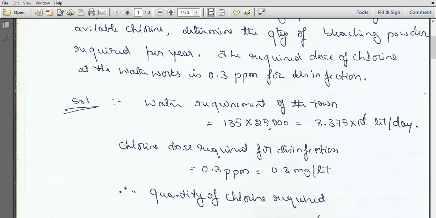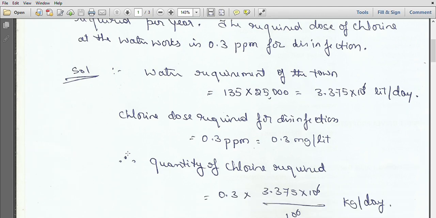Next, chlorine dosage required for disinfection. It is already given 0.3 ppm, that is equal to 0.3 mg per liter, right? So what is the chlorine required? We have 3.375 into 10 raised to 6 liters per day of water treated, and the dosage required is 0.3. So what is the chlorine required for one day?